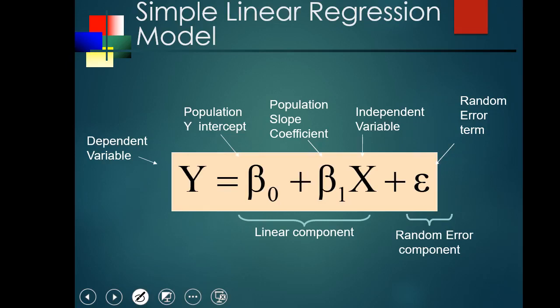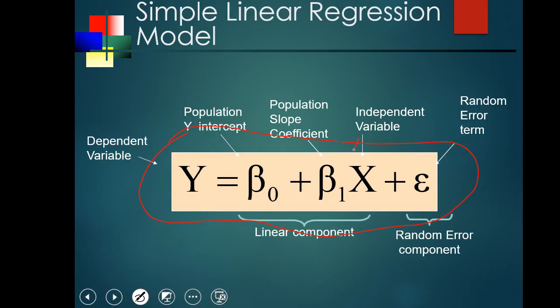Now for the simple linear regression model, we have a general form: y is equal to beta naught plus beta 1 x plus epsilon.